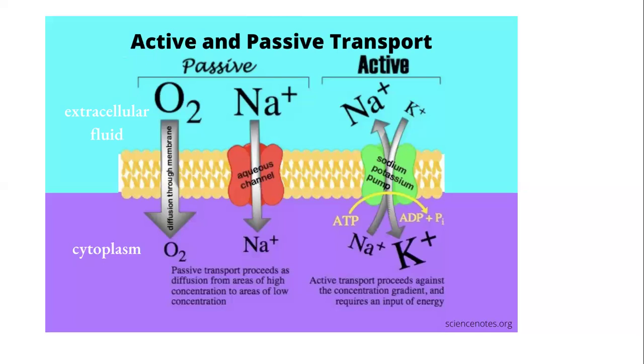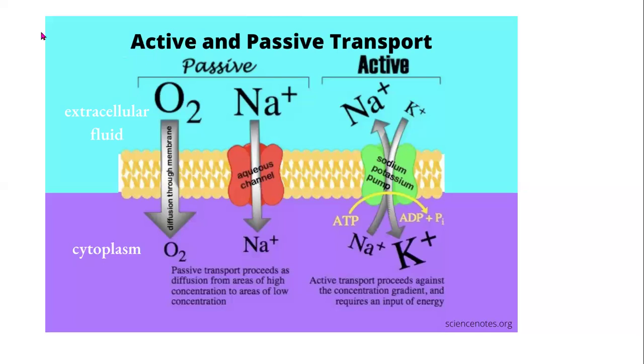Now you want to introduce another passenger into the car. You need to force that passenger, squeeze that passenger inside, because it is against the concentration gradient. It is from a region of low concentration, only one passenger, to a region of many passengers, a region of higher concentration. So you need energy to do that, okay?